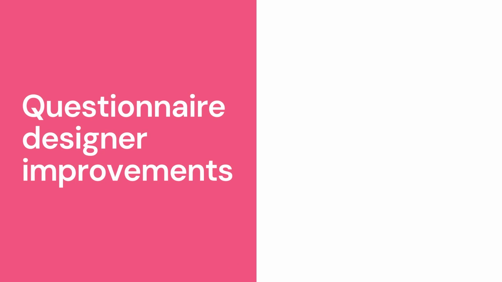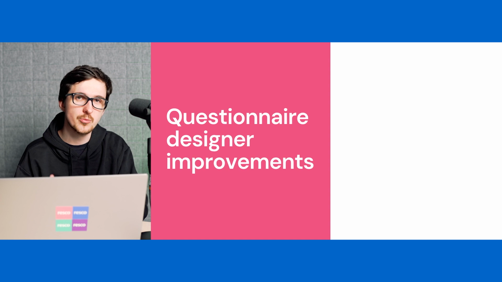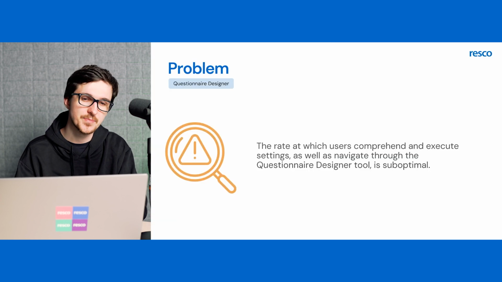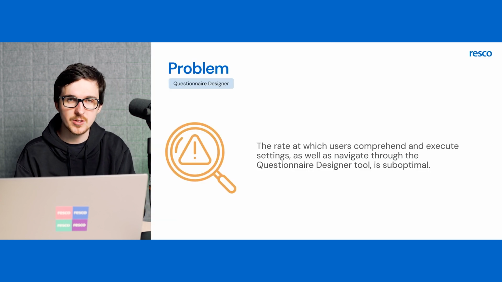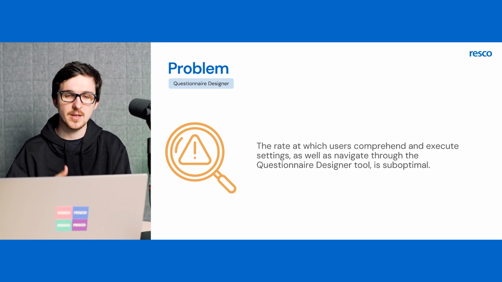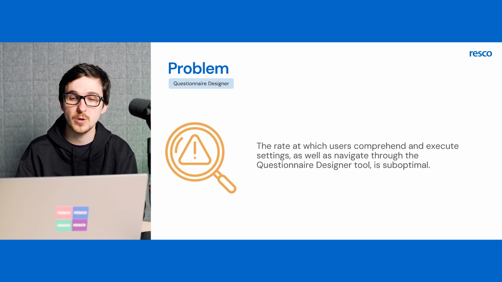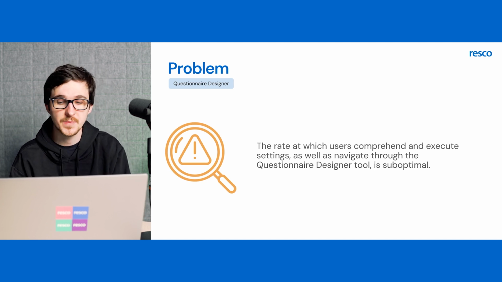The second feature is, better said, more features, because there are multiple improvements in the questionnaire designer. What we are trying to solve is that the rate at which users comprehend and execute settings, as well as navigate throughout the questionnaire designer tool, is suboptimal.